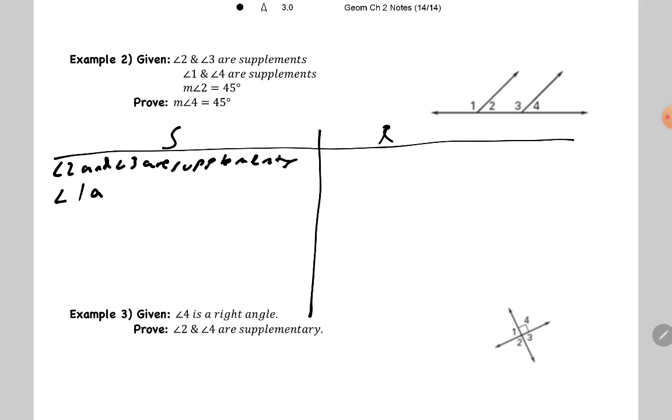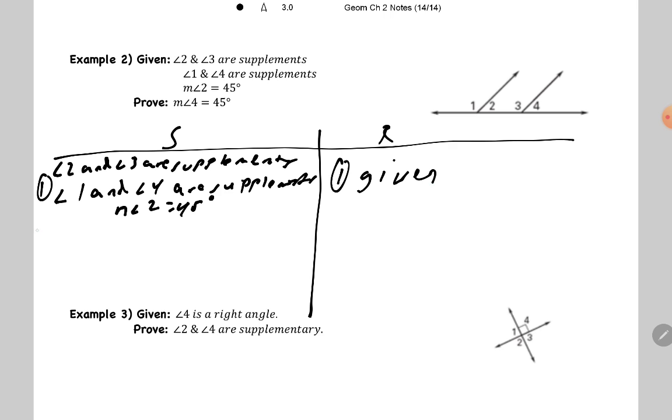Angle 1 and angle 4 are supplements. And the measure of angle 2 equals 45 degrees. So this is all 1, given. Okay, 2. So not even looking at what we're trying to prove, just going to use the facts here.